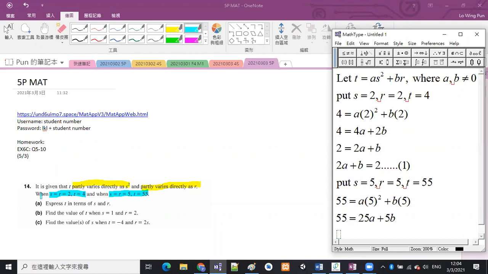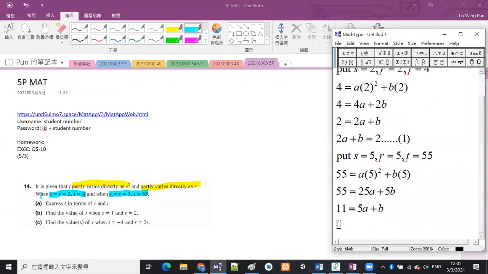And you just found that all numbers are multiples of 5. So we divide every term by 5. 55 over 5 is 11, and then 25a over 5 is 5a, plus 5b over 5 is b. And then we will write 5a plus b on the left and the number on the right, and label this to be equation 2.